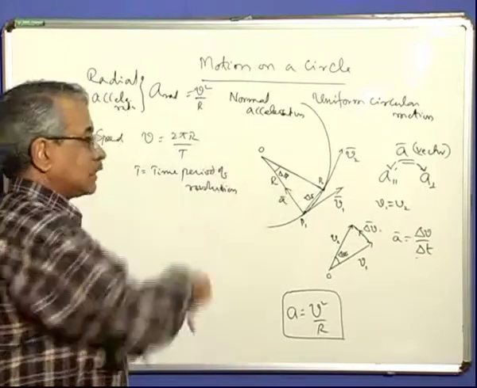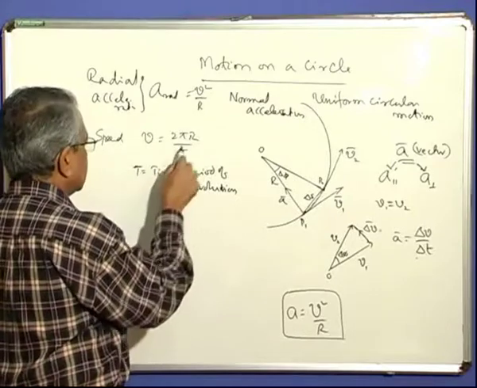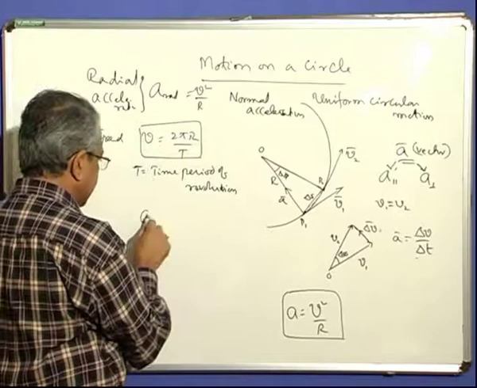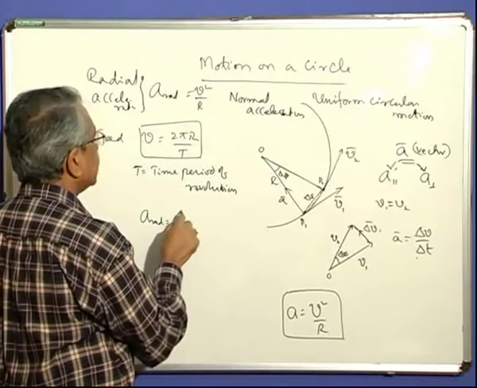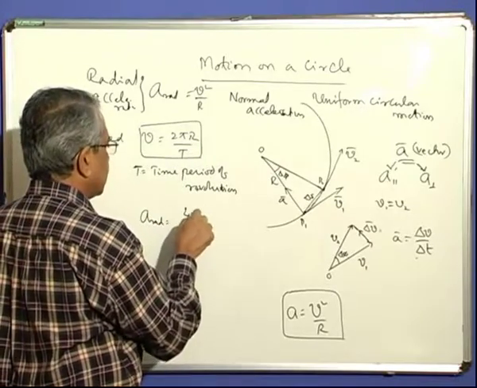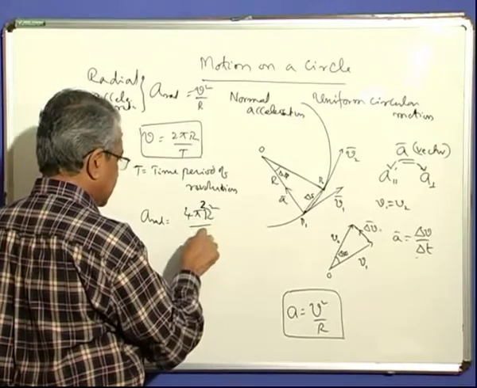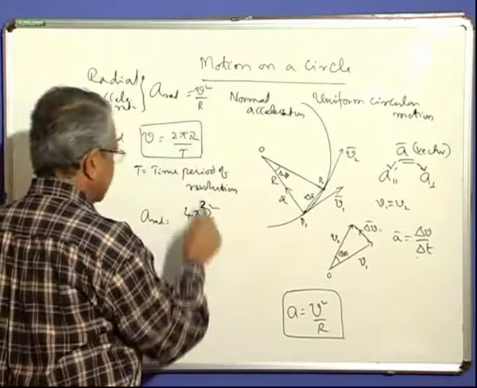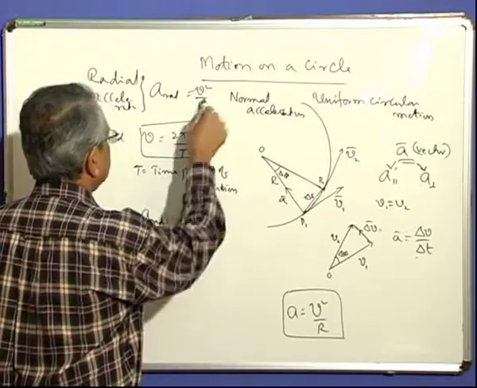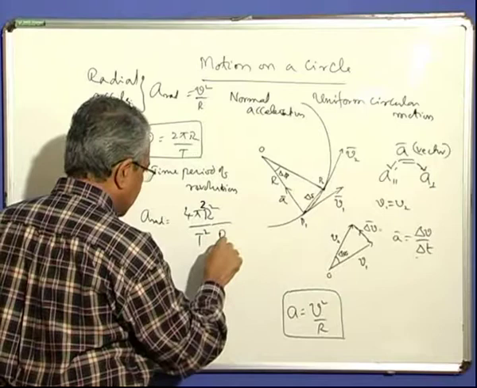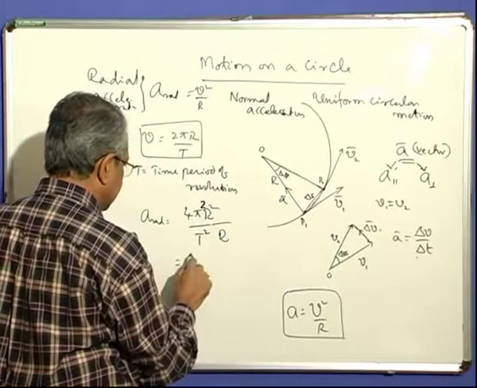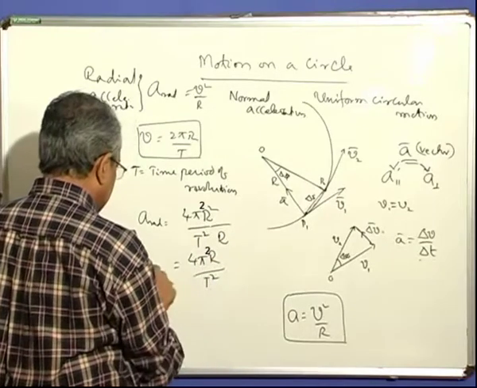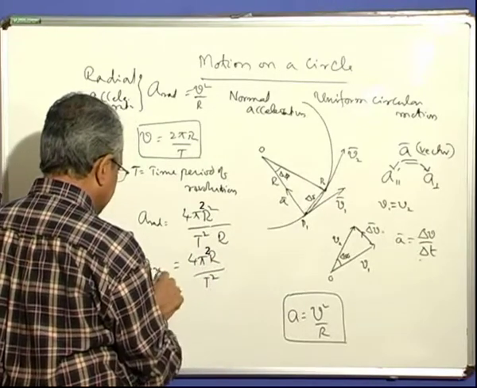So you can write v in terms of this. If you substitute like that, radial acceleration can also be given by 4 pi squared r squared by T squared. Since this is v squared by r, one more r comes, so the equation will be 4 pi squared r by T squared. So that is the radial acceleration.